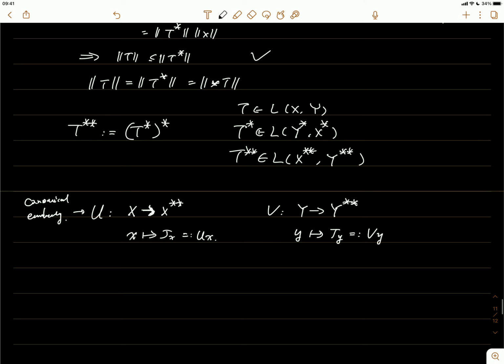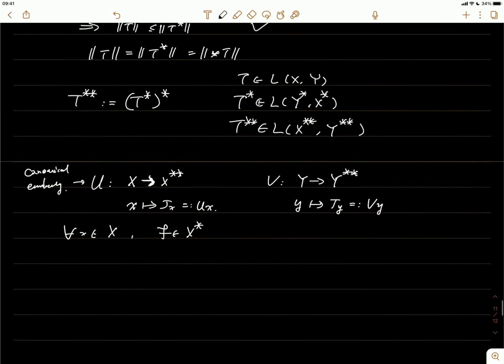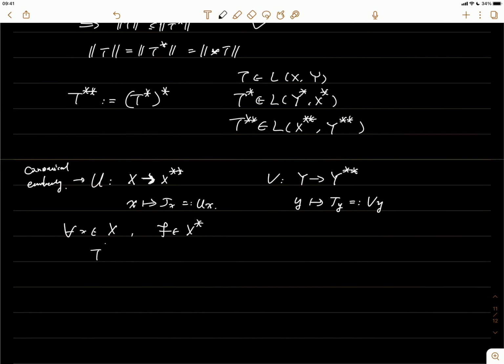So in this case, we can work with U_x and V_y. For any x in the space X, and any f in Y star, we look at T double star.